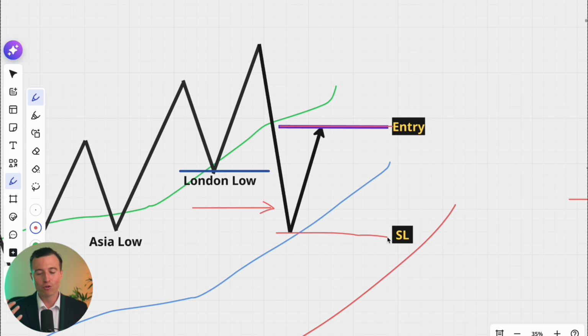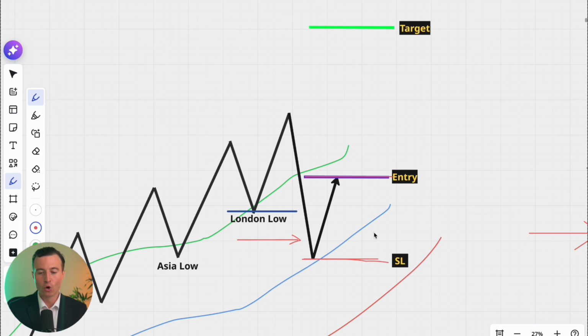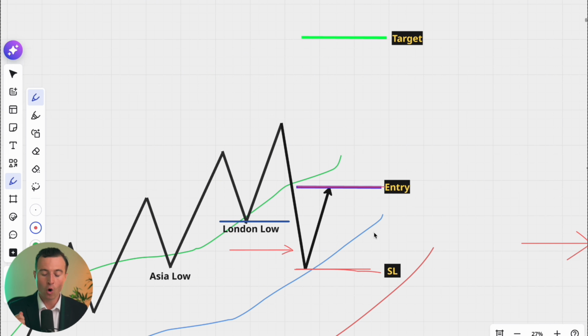So not necessarily below the confirmation low, but below the liquidity sweep low. And then you're going to be targeting a fixed, mechanical, repeatable 1 to 2 risk to reward. So you're not going to be looking for a home run. You're just looking at taking this small, repeatable, reliable piece out of the market that is proven, that is backed up by years and years of data.